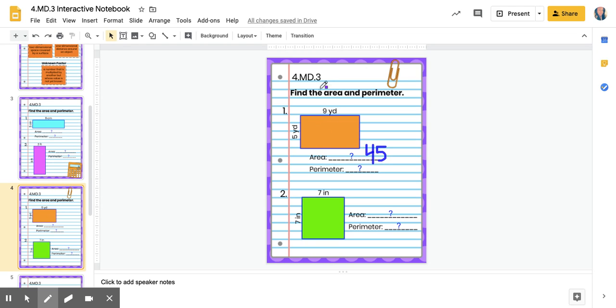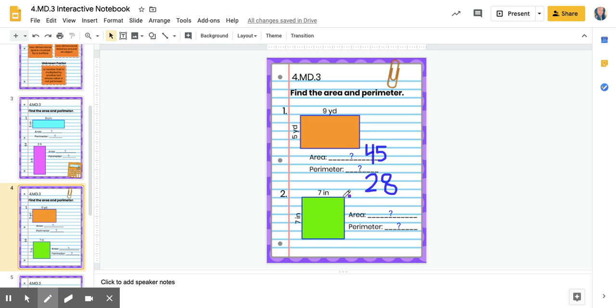To find the perimeter, we would add 9 for this side, 9 for this side, and get 18. 5 for this side, 5 for this side, and get 10. And 18 plus 10 is 28. So the perimeter would just be 28 yards.